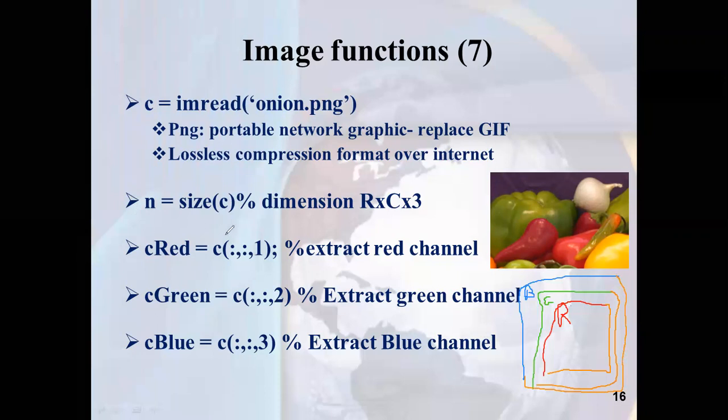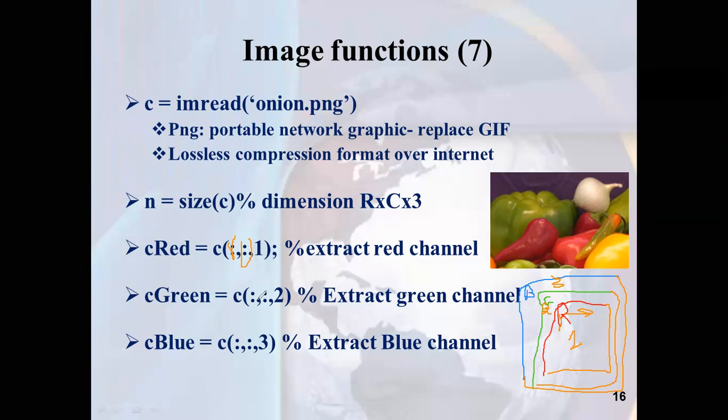Now, this first element, number of rows, means we talk on these rows. The second means we go on the number of columns. And this is 1, 2, 3. It means 1, we are in the red matrix. 2, we are on the green, or read the green elements. And 3, we read the blue matrix.